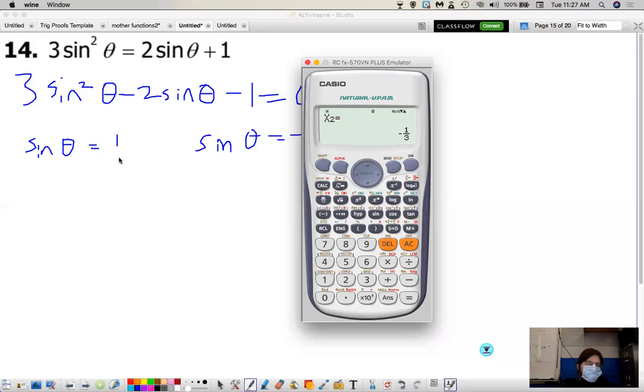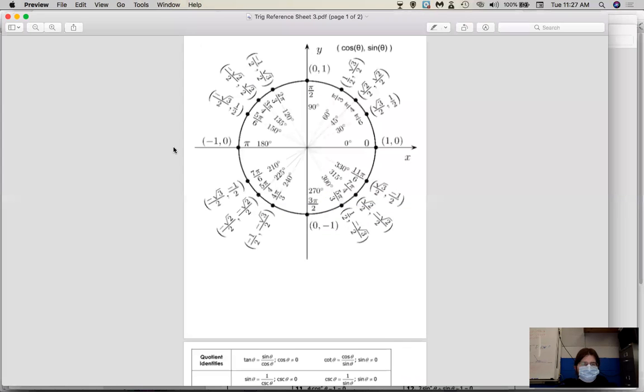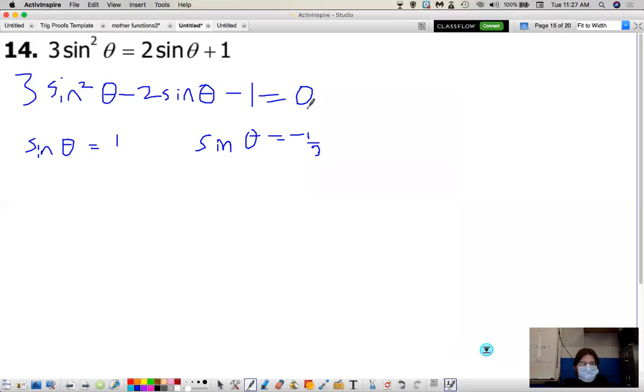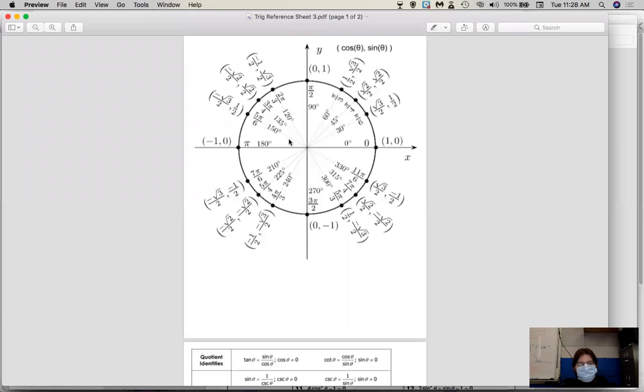So sine is 1 at 90 degrees. Sine is negative 1/3 at, I have no clue. It's not on there.